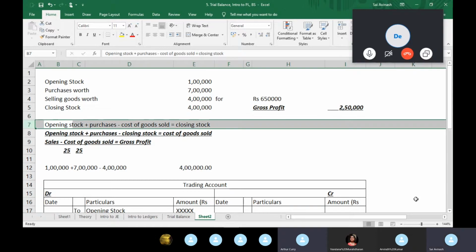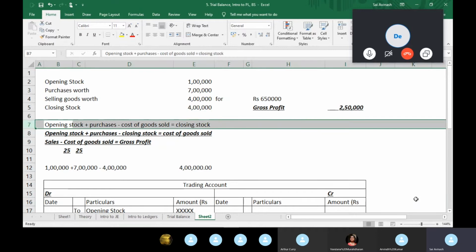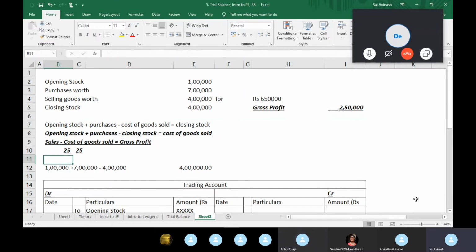I'm not going to ignore this, because that's why you end up with this equation. It's not sales, it's cost of goods sold. Thank you. No problem.